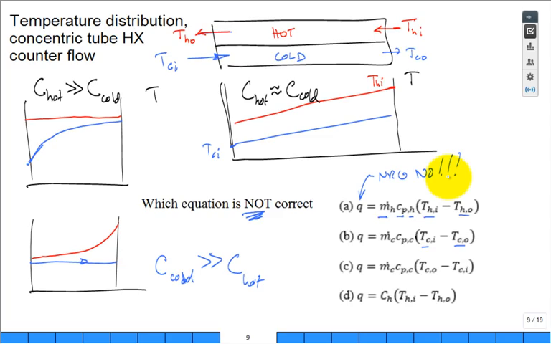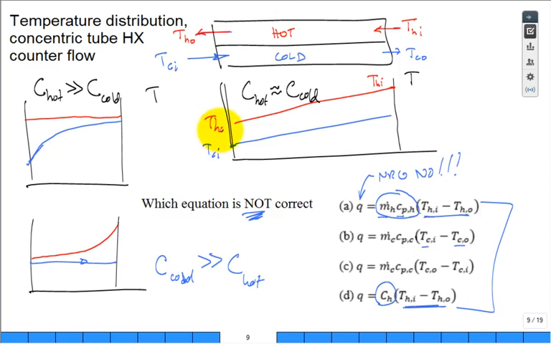And so the whole thing is the mass flow rate times specific heat. Isn't that the same as this one right here? So the equations A and D look very similar, and the temperature difference is the same. So these are the same. And you look at it, you have the temperature hot in minus the temperature hot out.